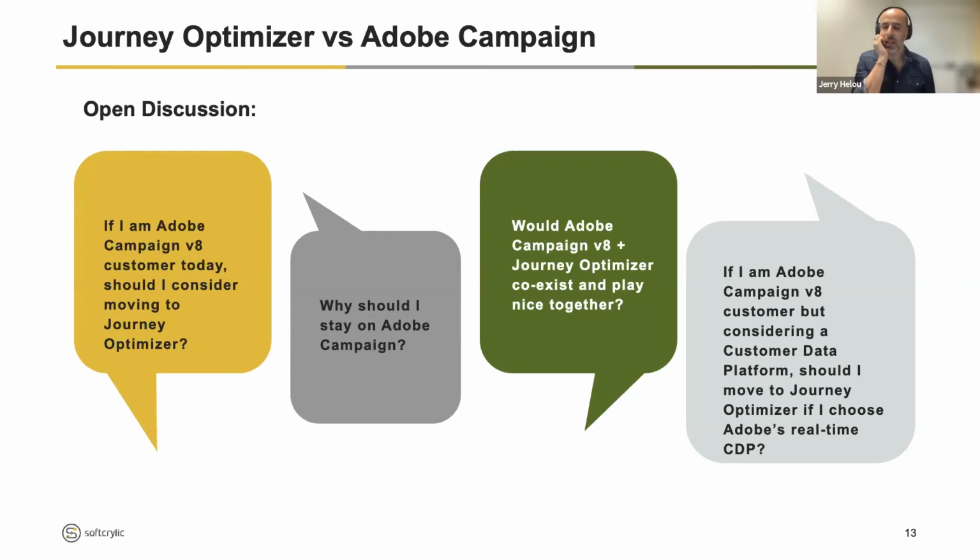But would that complicate things, now that I have audiences across both? How would you solve for that? That hits a little bit on your last chat bubble, right? In order for those two solutions to play together, we're bridging those audiences across Campaign and Journey Optimizer by way of the CDP.